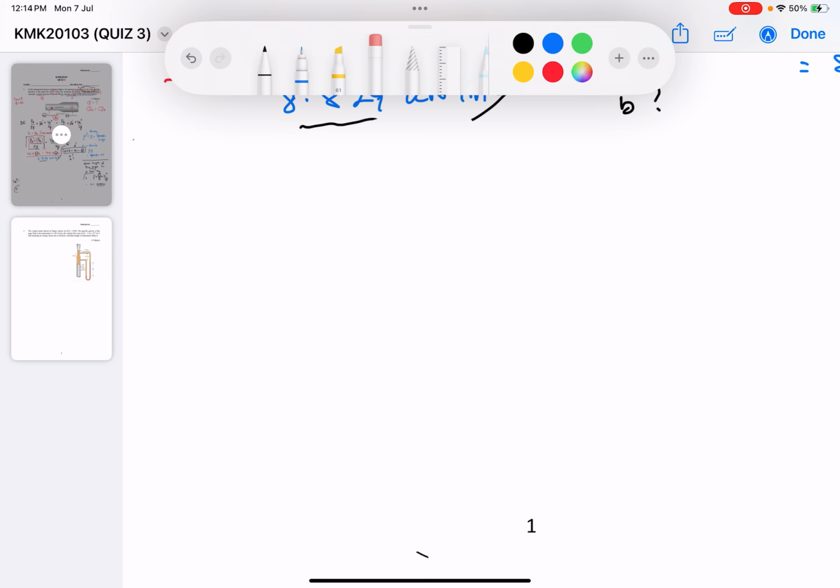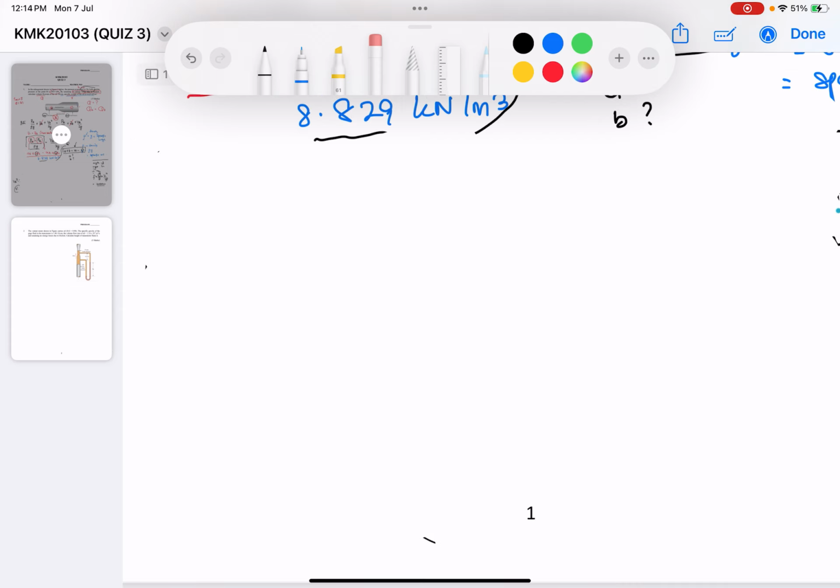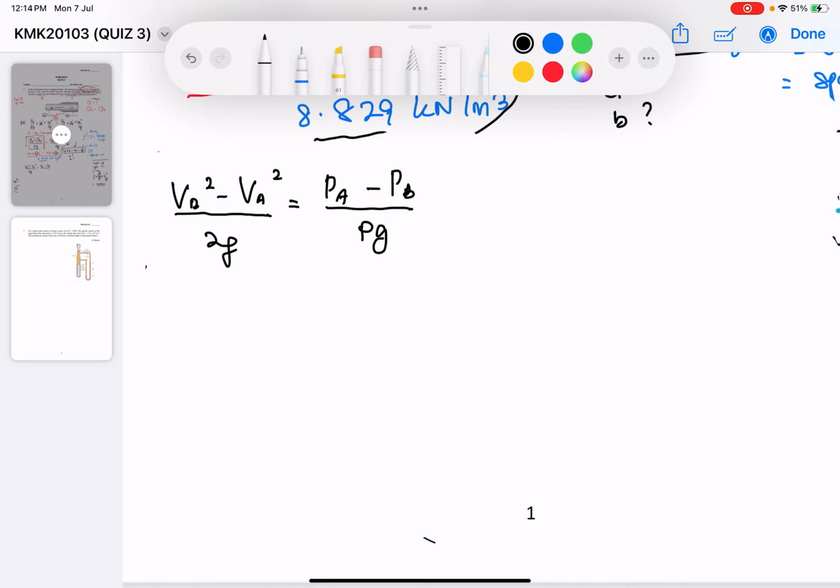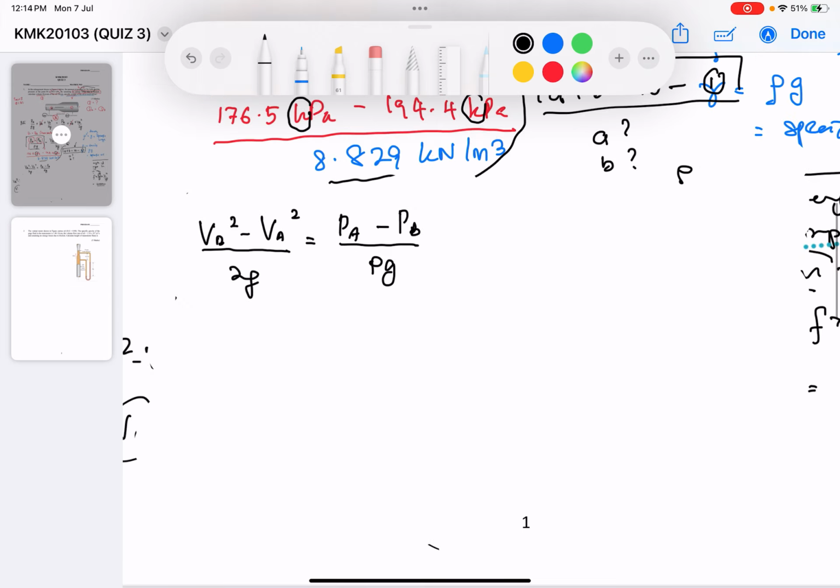So what I'm saying here is, before this, I had VB power of 2 minus VA power of 2 divided by 2G equals PA minus PB over rho G. But I also know that rho multiplied by G is equal to gamma.